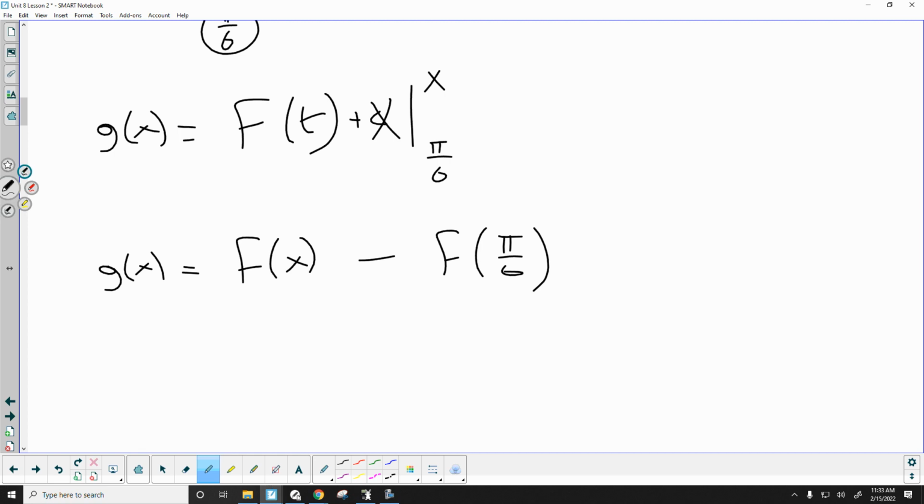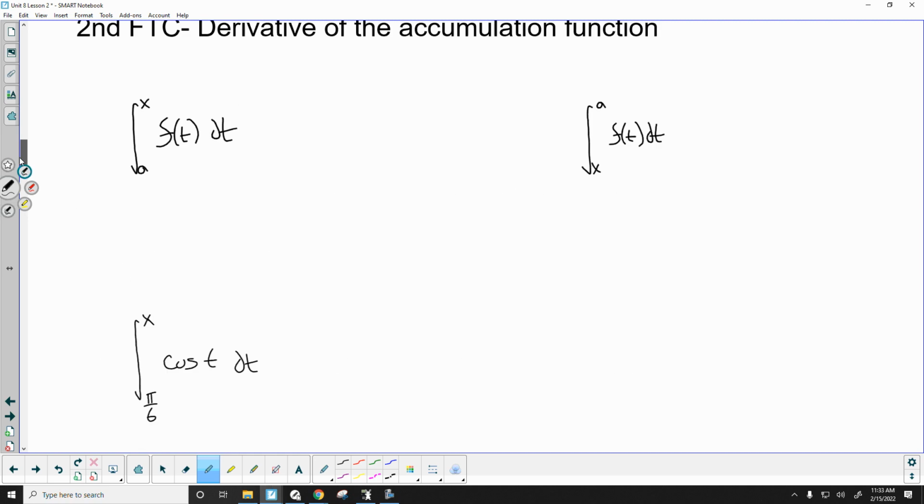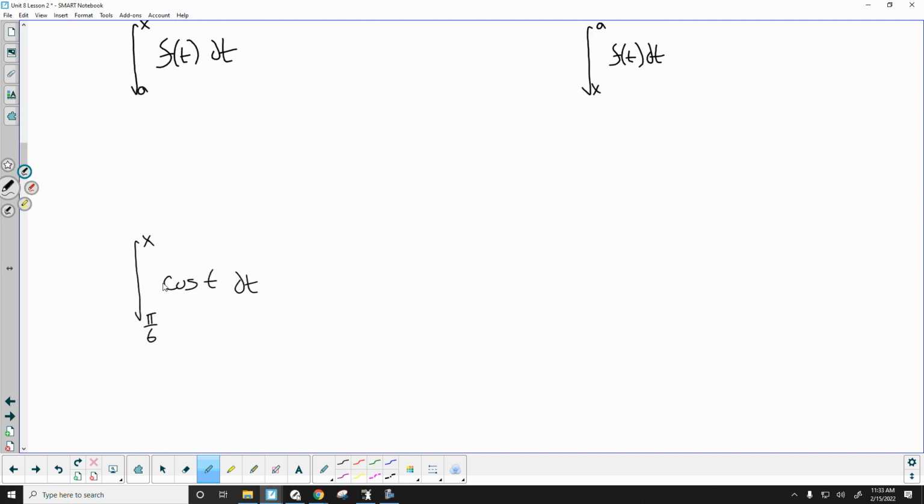Okay, so up and down, next page, here I replace this with big F of t, and then I said I got big F of x minus big F of pi over 6. Cool? I'm just repeating exactly what I did, but I'm showing less steps.